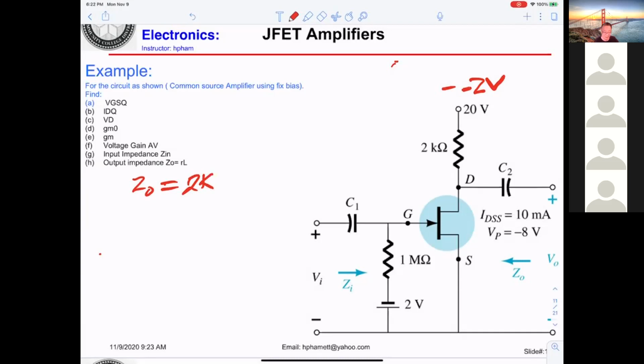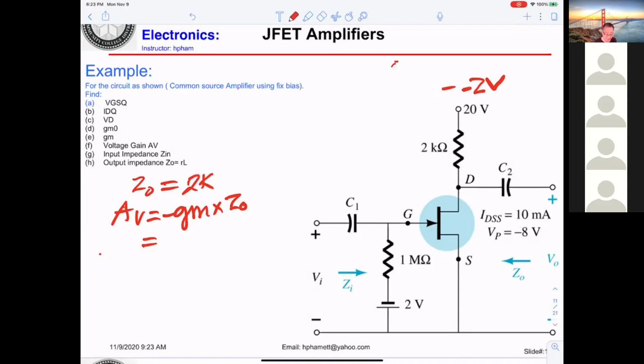Now you can calculate the AV: minus GM times output impedance. Minus 3.75.